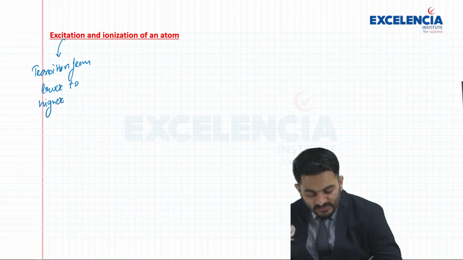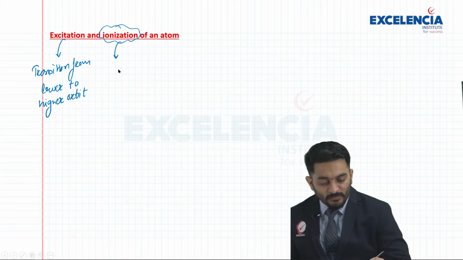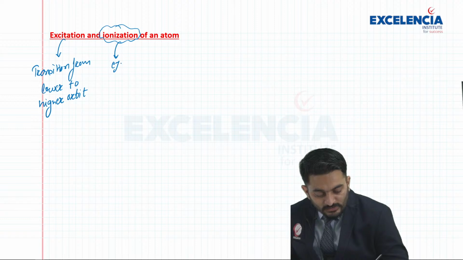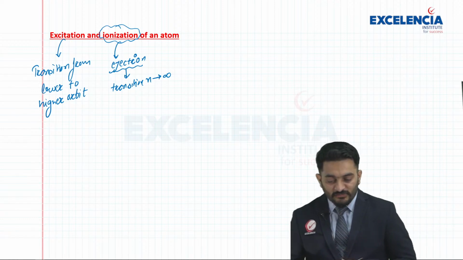At the same time, ionization means when an electron has been ejected from its orbit. This ejection of electron, remember, can happen from any orbit to infinity. So that is what you mean by excitation and ionization.